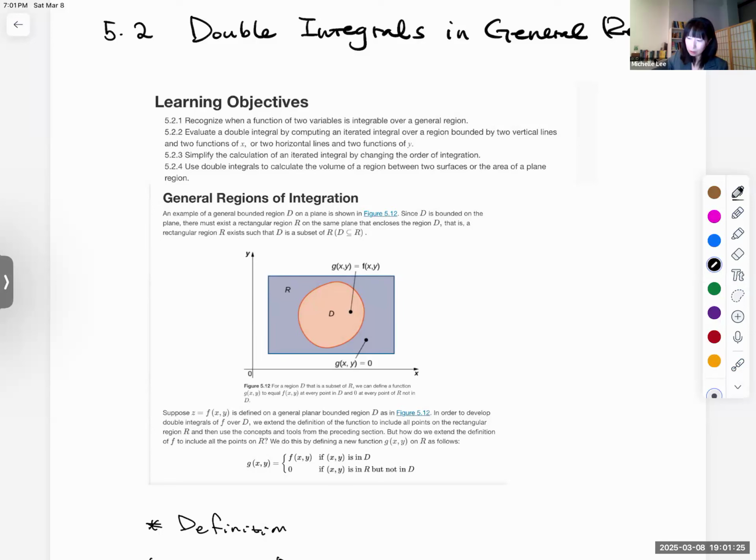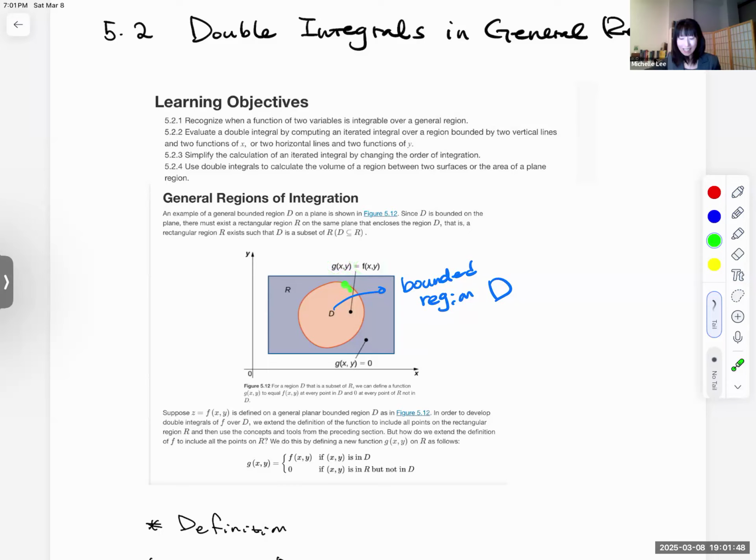They're using just a D for the bounded region. We have a point inside, and let's define this point as a function g of x,y, the same as f of x,y.